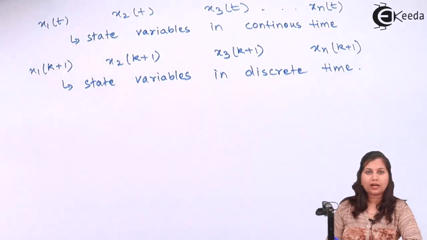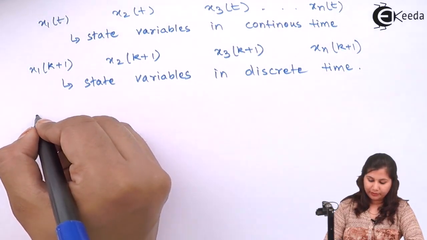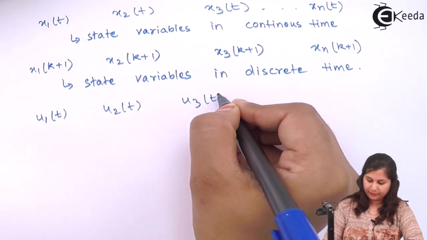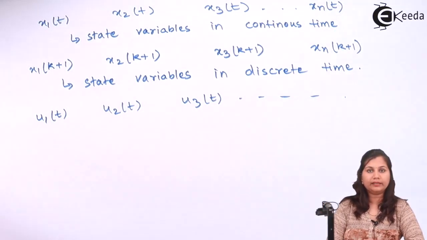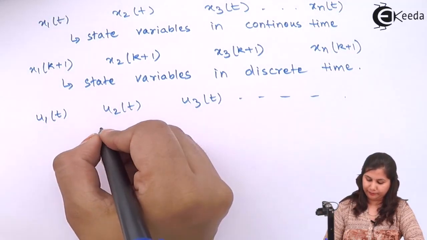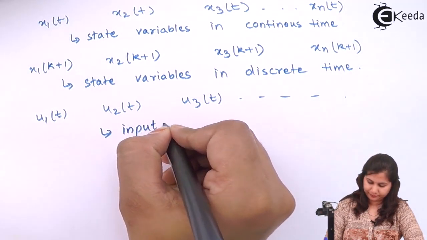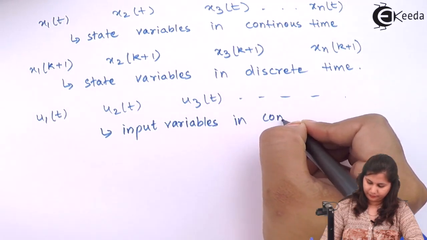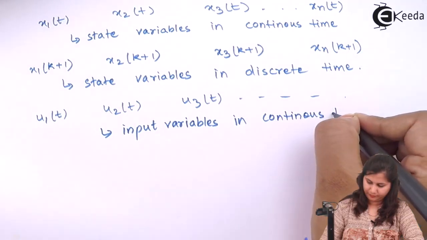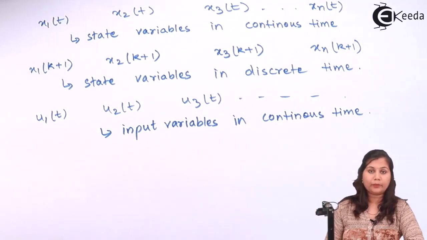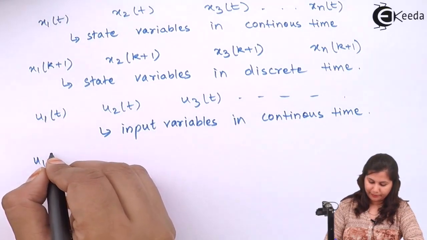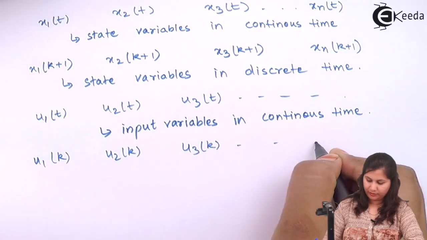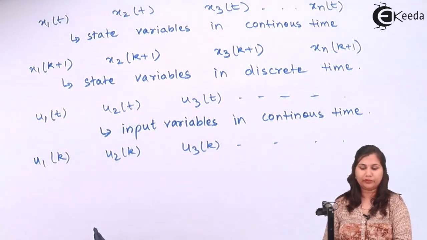Now comes the input and the output variables. In continuous time, the input variables were u1(t), u2(t), u3(t). In this way, we represent the input variables in continuous time. Now in discrete time, the input variables are represented like u1(k), u2(k), u3(k).